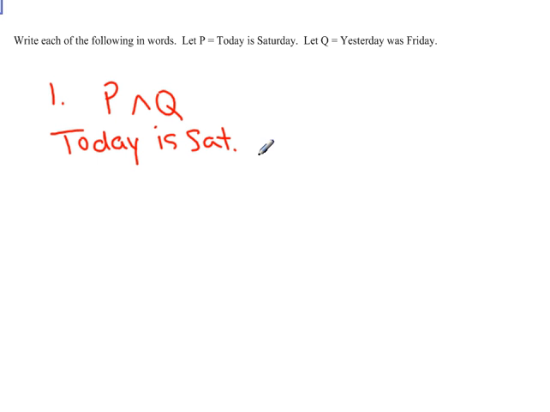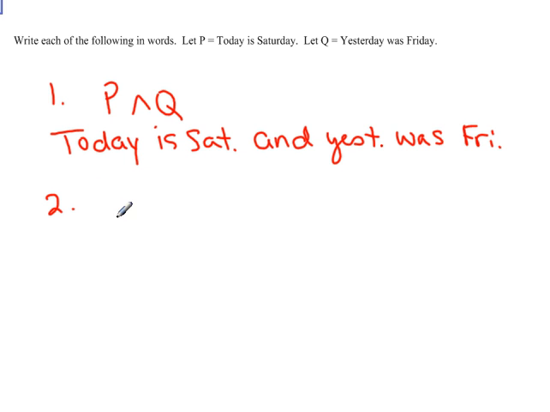We'll replace the symbol with its key word. That's a conjunction. The key word would be and or but, so we'll use and. And then Q, yesterday was Friday. And that would be the statement.